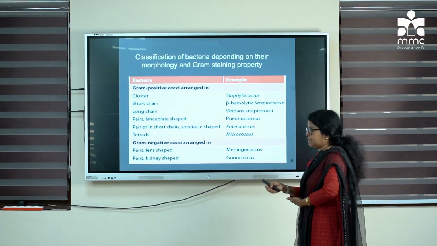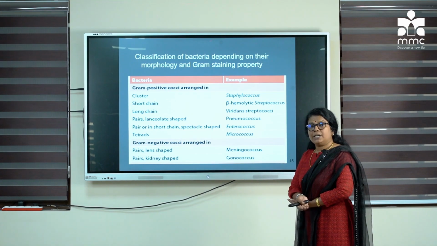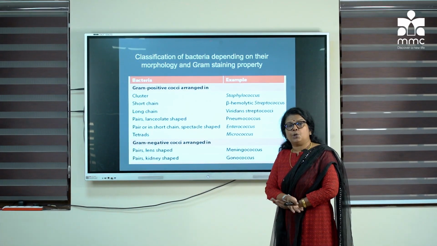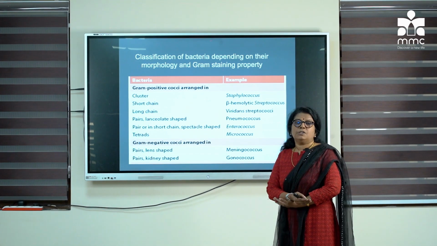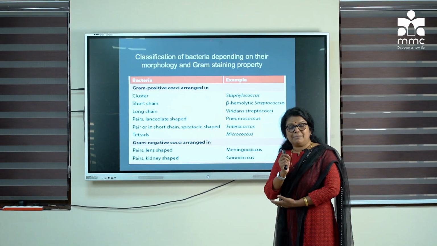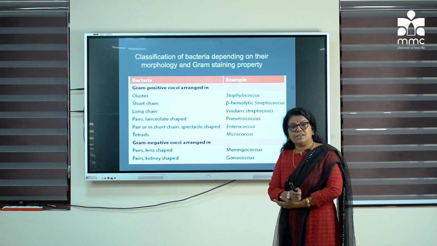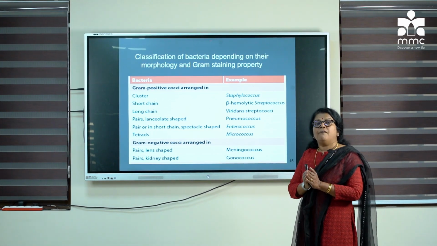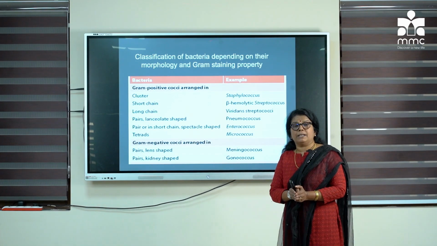Then the gram negative cocci, arranged in pairs. You have important bacteria like meningococci, gonococci, etc. Meningococcus, gram negative cocci, are arranged side by side with the adjacent sides flattened, giving a bean-like appearance.